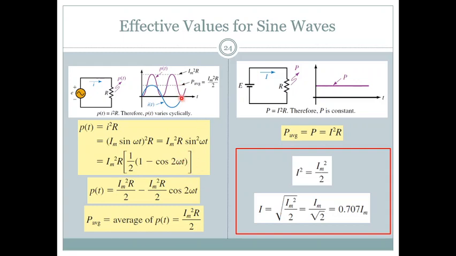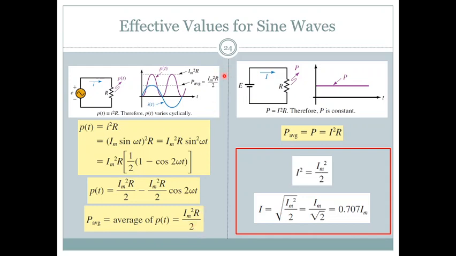Anyway, if you do the integration or whatever method, you can find the average in here, which is equal to Im squared, that is the amplitude of the current waveform squared, times R over 2.